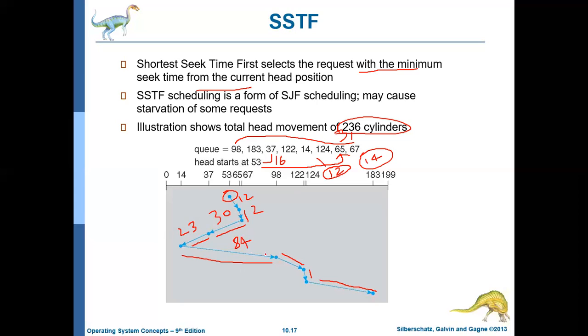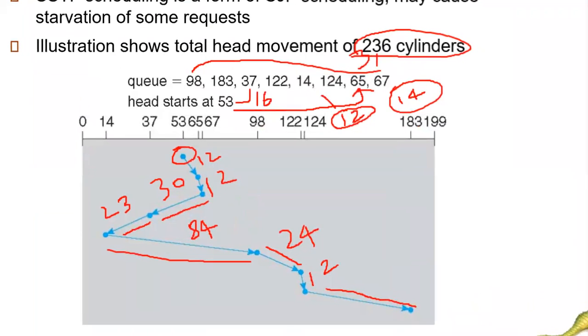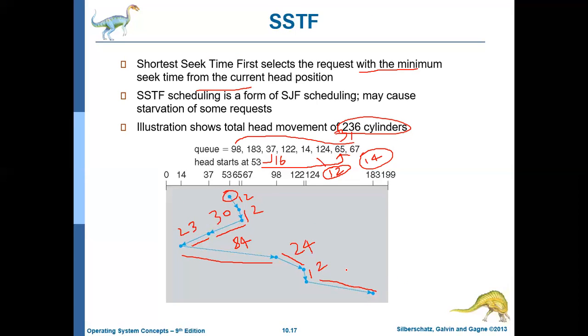Then from 98 to 122, the head has to cross 24 cylinders. Then from 122 to 124, it has to cross two cylinders. Then from 124 to 183, the head has to cross 59 cylinders.